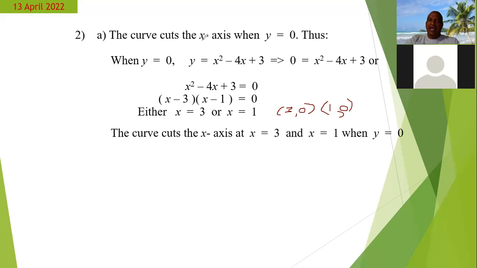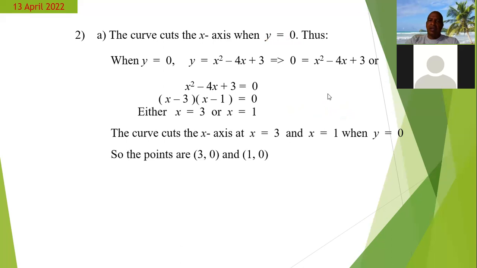The curve cuts the x-axis when y equal to 0, and the curve cuts the y-axis when x equal to 0. So all you're doing, you're just flipping them around. So when you're calculating where it cuts the x-axis, you make y 0. When you're calculating where it cuts the y-axis, you make x 0. All right, and so that's the idea here.